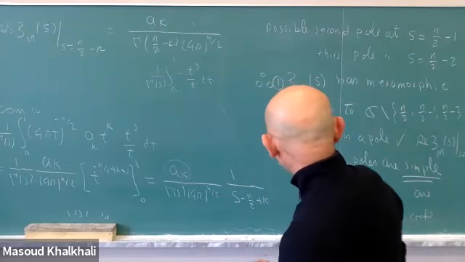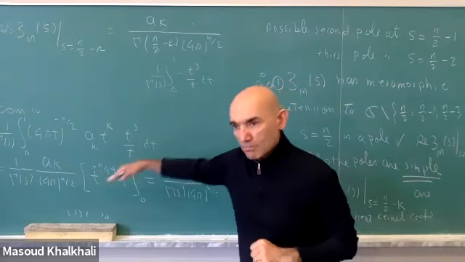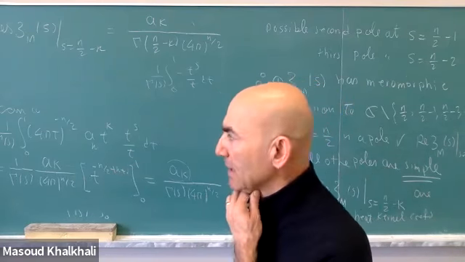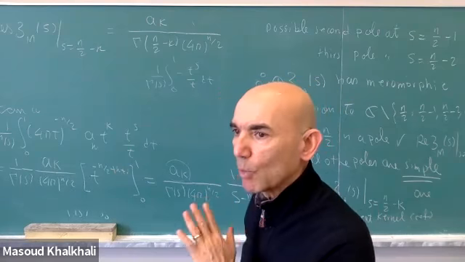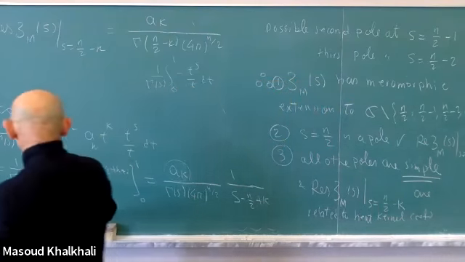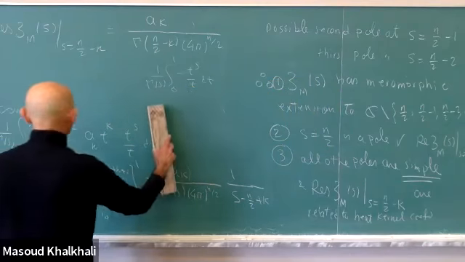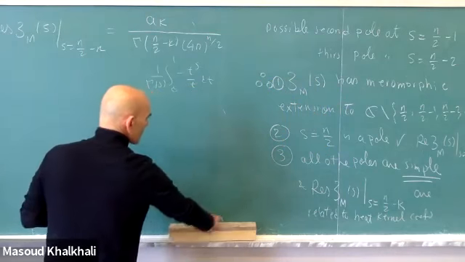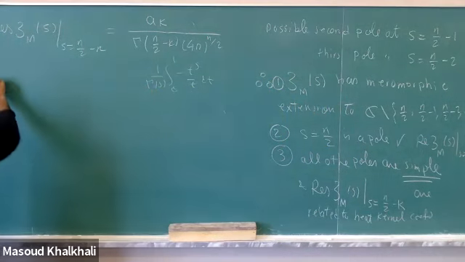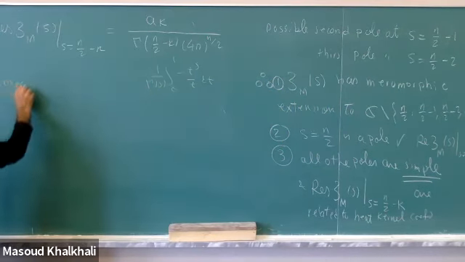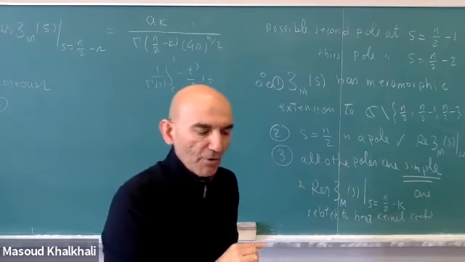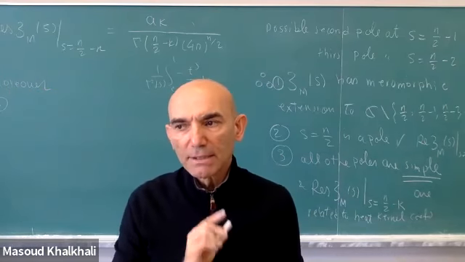Okay, but now we can say more. This is another beautiful thing about this, that we can say more about the structure of poles. So let me just tell you what we can say in this case. Moreover, this zeta function is always regular at s equal to 0.